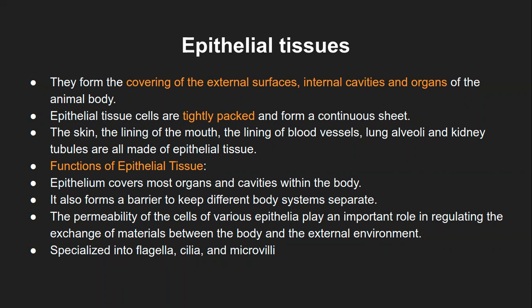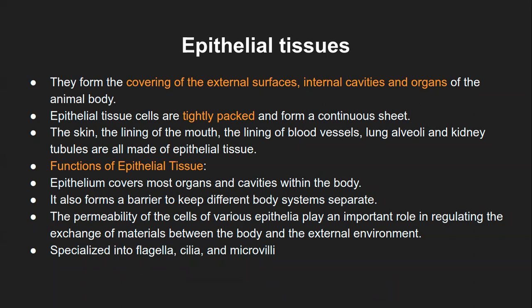And microvilli, these are very specifically present in your intestinal walls. Now these are nothing but like, if you have a cloth and if you make pleats of it, like up and down pleats of it, right? So that structure is something like microvilli.